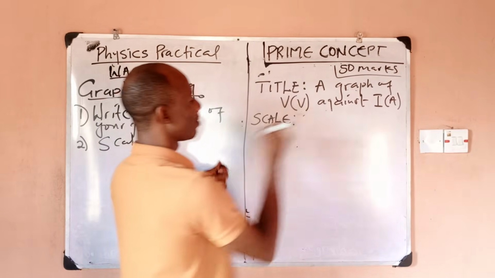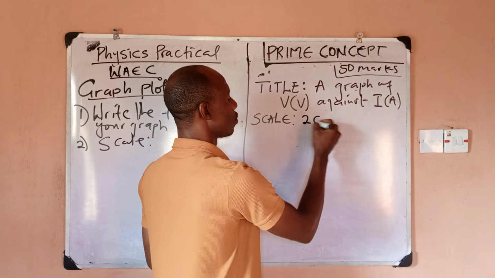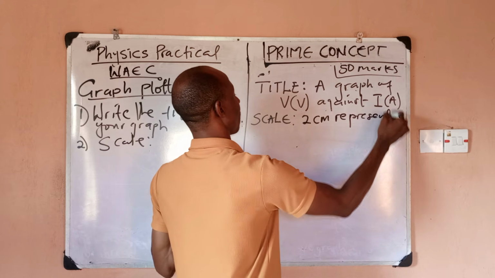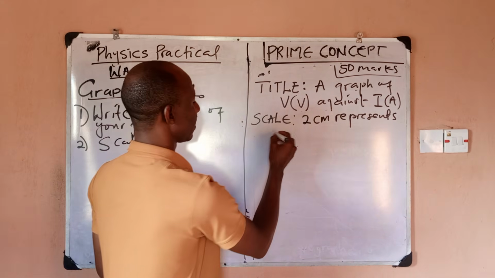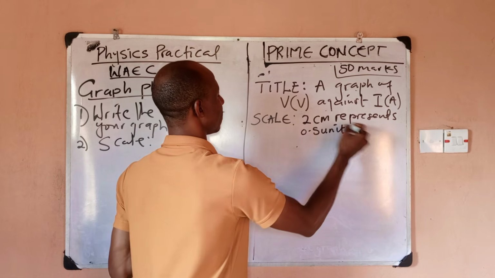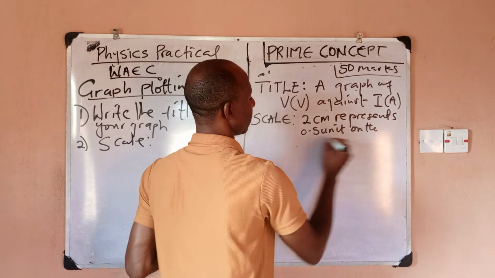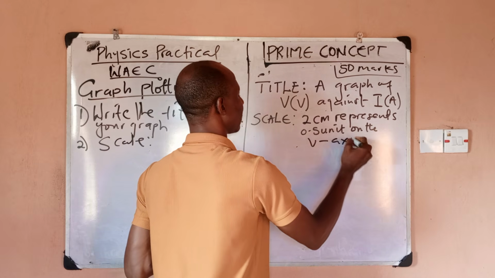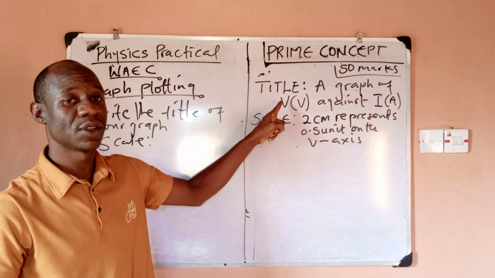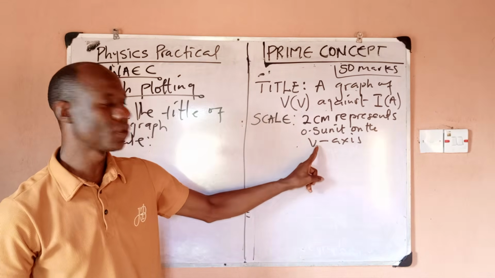So I want to write my scale. I will just say 2 cm represents, let's say, 0.5 units on the V axis. You don't say Y axis. You talk about the quantity you are plotting. You say V axis. I don't have to put the unit again.